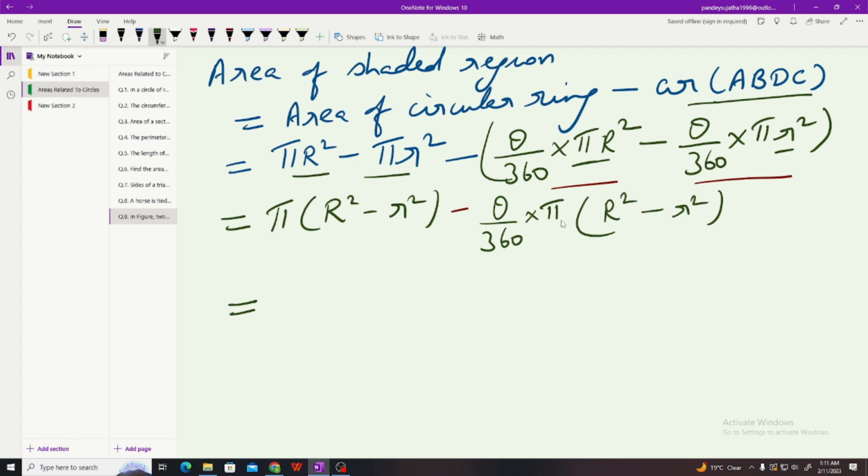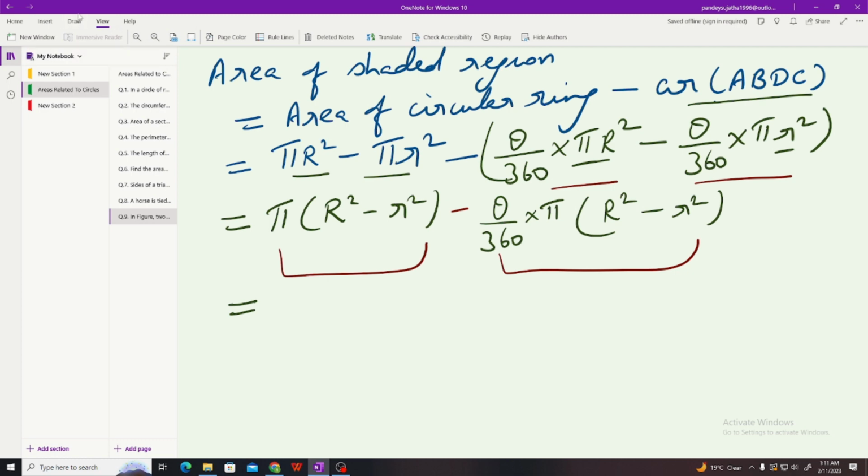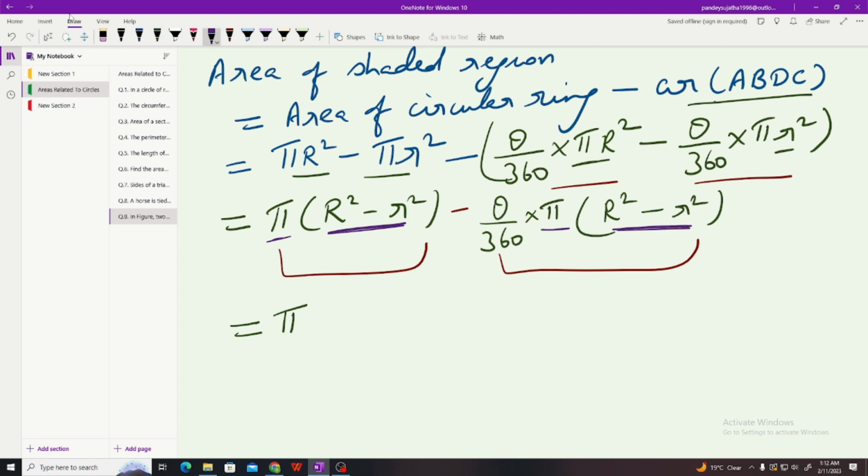So again, now are you able to see from this term and from this term what is common? Here pi is there. Can you see? Pi is common, and even R square minus r square. Pi into R square minus r square is common in both the terms. So I am going to take this common out.